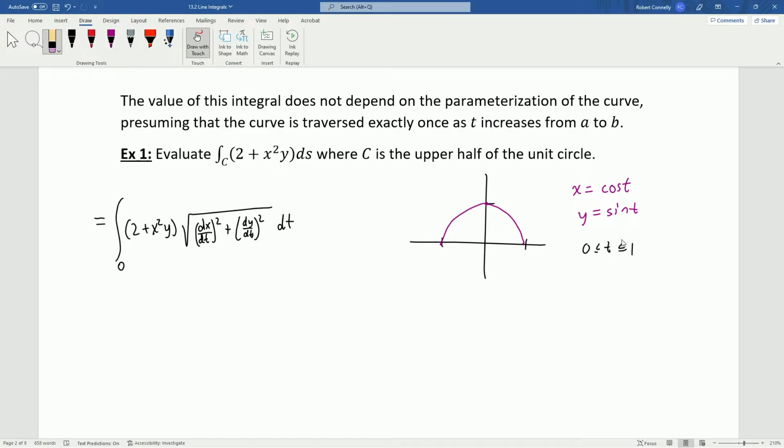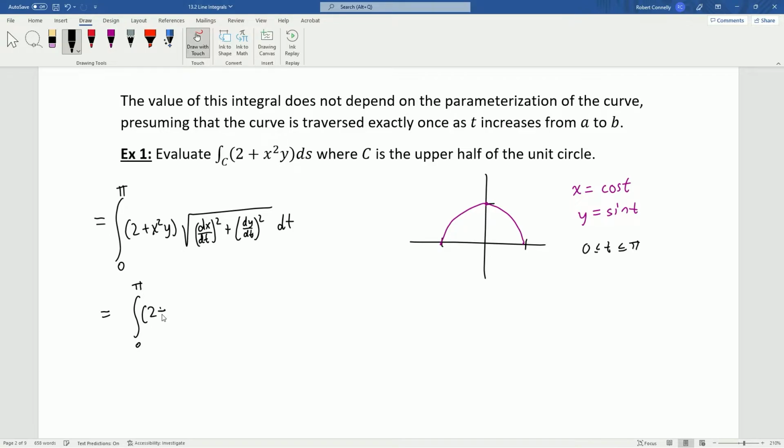Sorry, I said t was going to go from 0 to 1. I meant to say 0 to pi. Try that again. Okay, but now we need to put everything in terms of t, right? If we leave things in terms of x and y, that's not going to make any sense. So we're integrating with respect to t here.